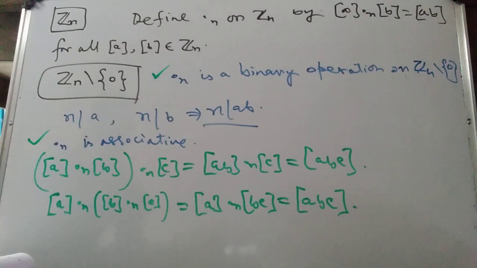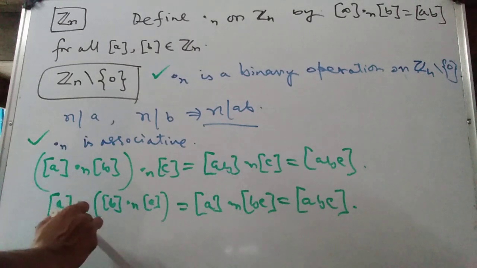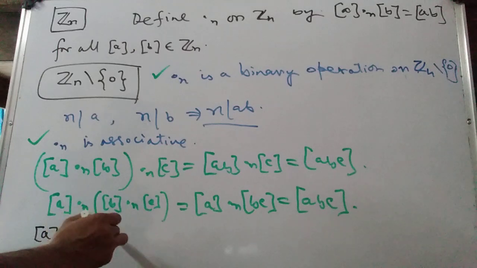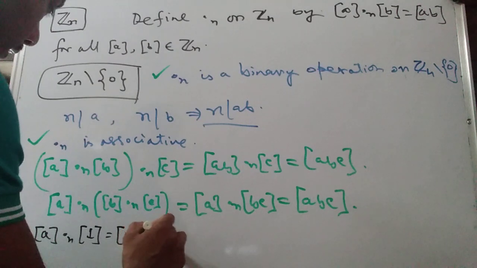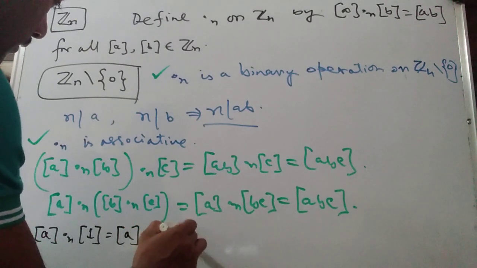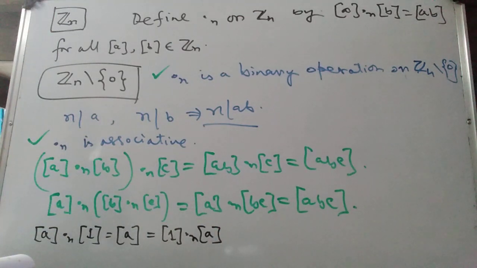Now we go on to discuss the identity element. One is the identity element. This also happens, I think. That means a dot with respect to modulo n class 1 equals a, equals class 1 dot n class a.